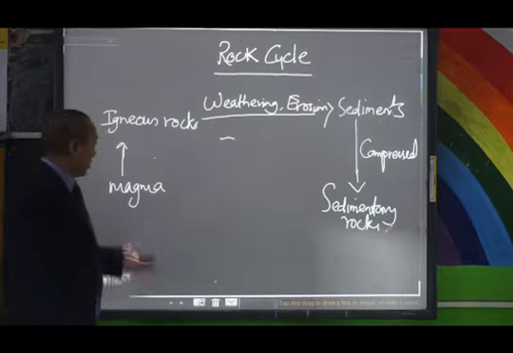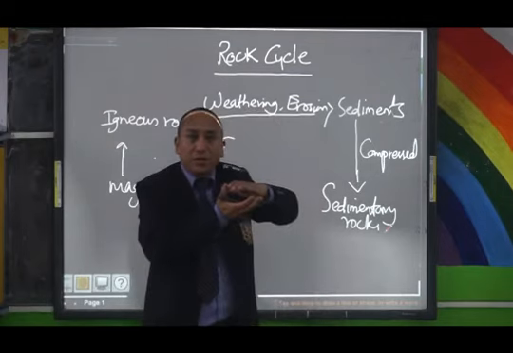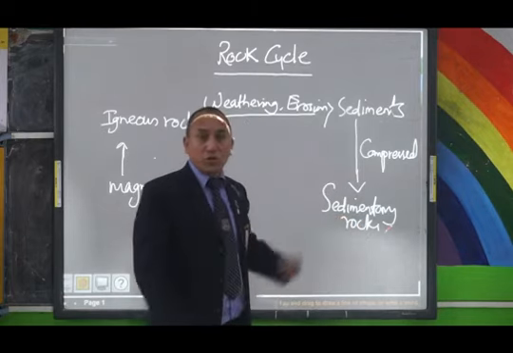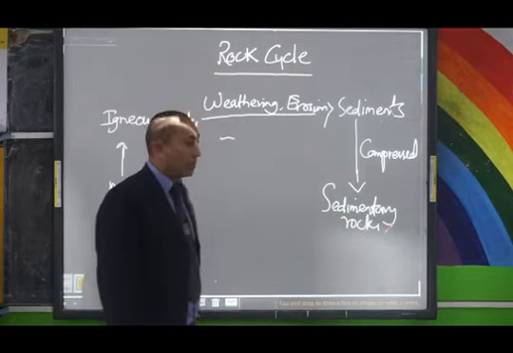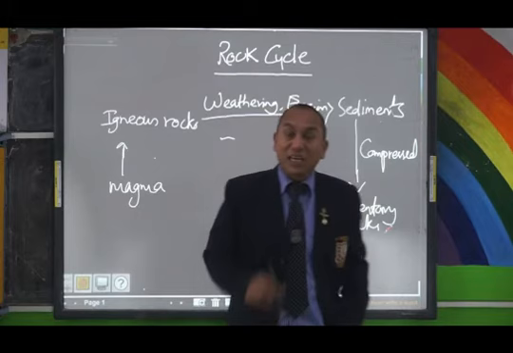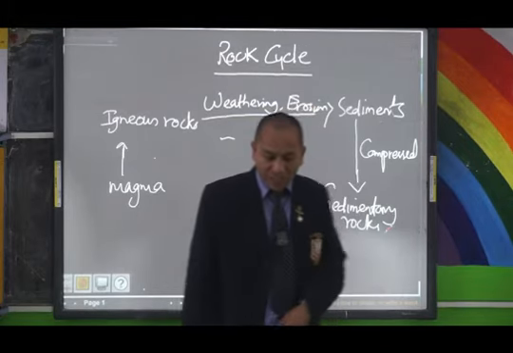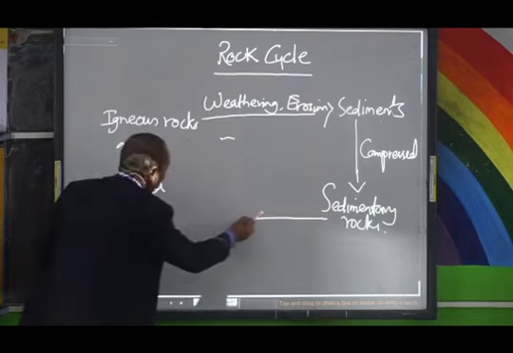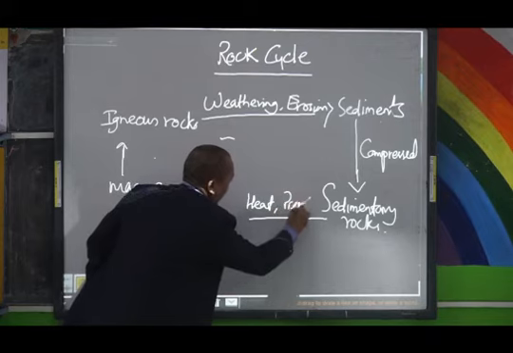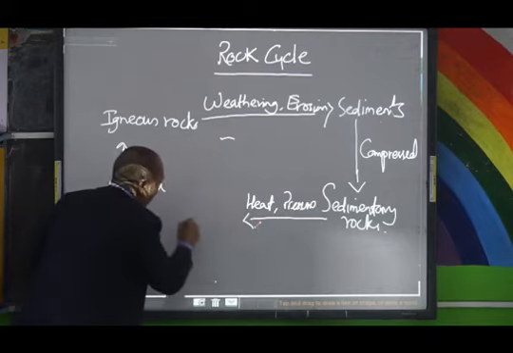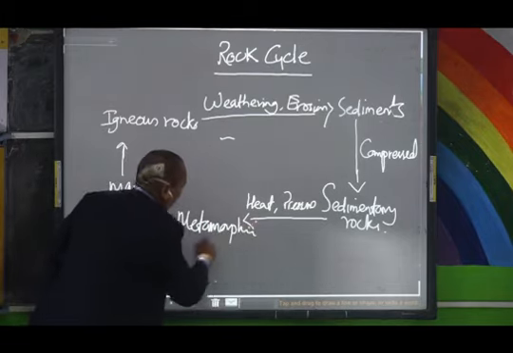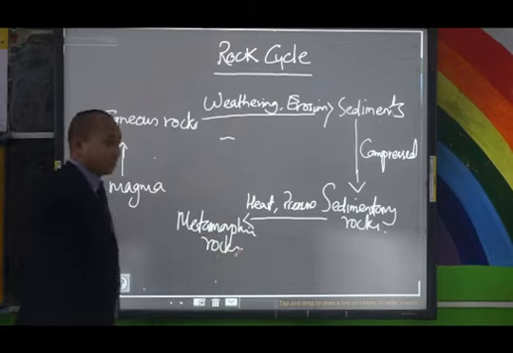When the sediments are compressed because of pressure, after thousands of years, they form into sedimentary rocks. And on this sedimentary rock, when heat and pressure is applied, they form into metamorphic rocks.